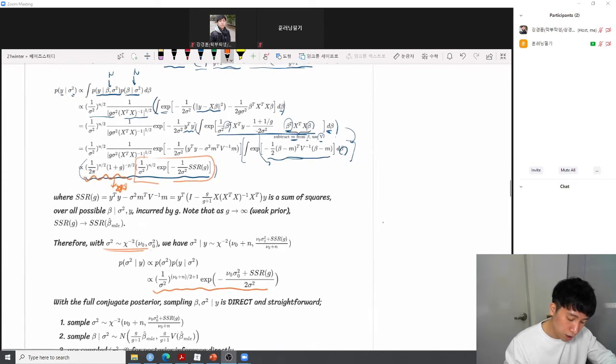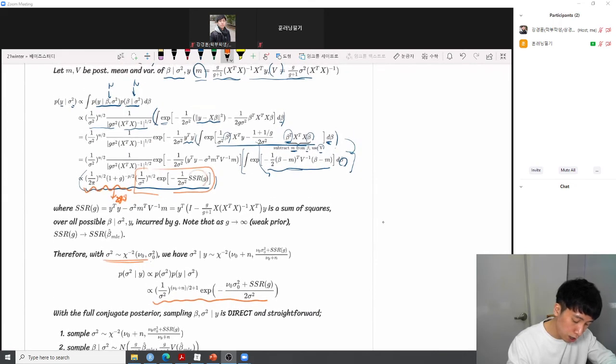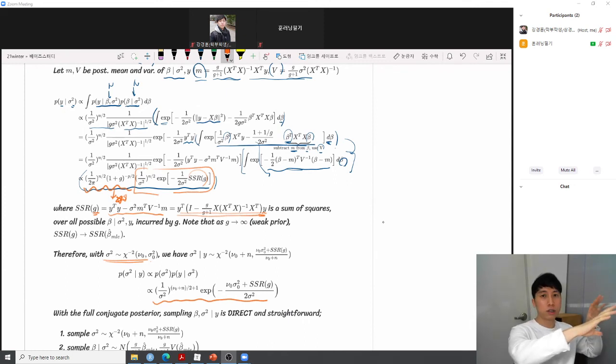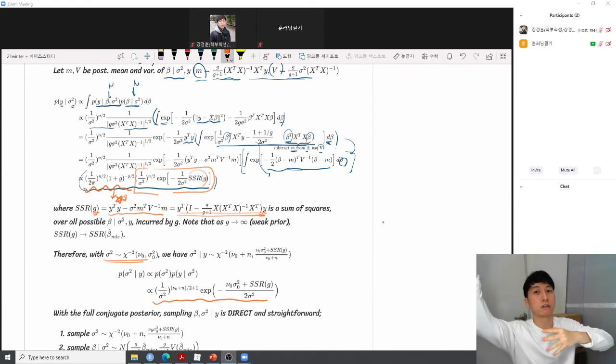So the SSR_g here is actually this term, and it can be expressed as this term. SSR, sum of squared residuals of g. My interpretation is the sum of squared residuals that is averaged over the entire range of probable betas, whose density is determined by the g prior.